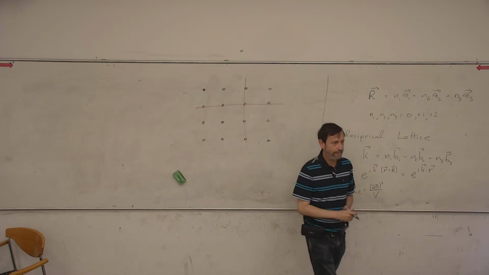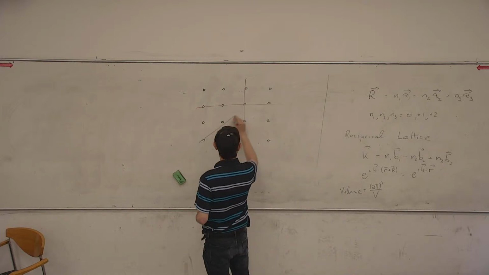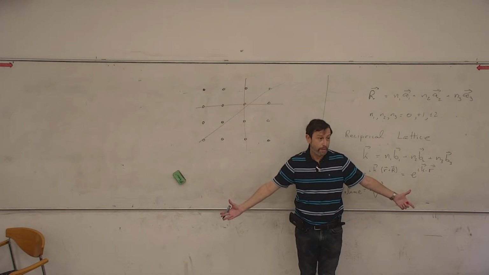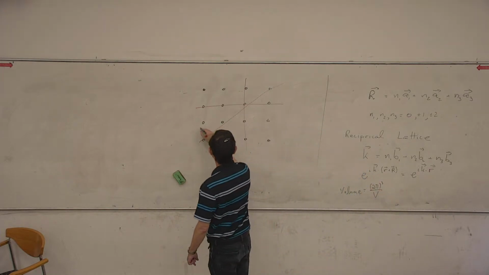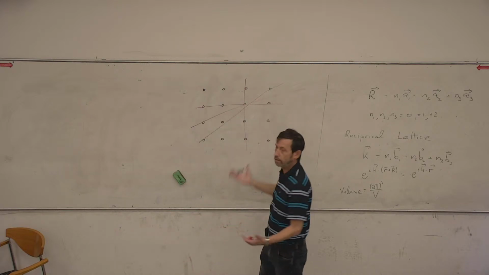That's also a plane, and this is also a plane. You have an infinite number of planes. Take 2 to here and 1 to here, and another plane.